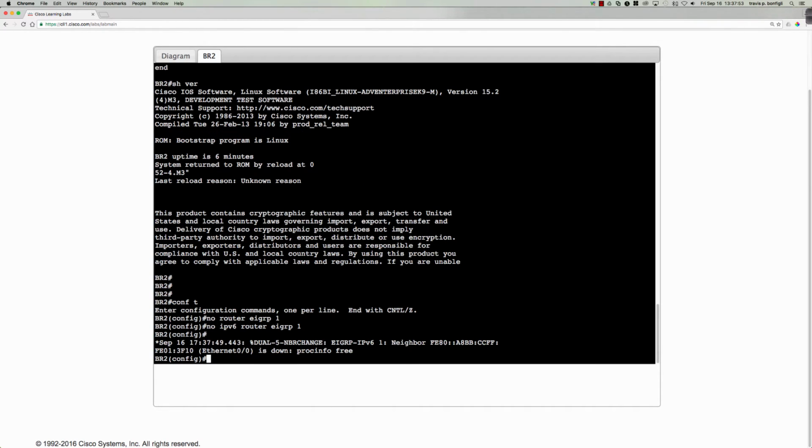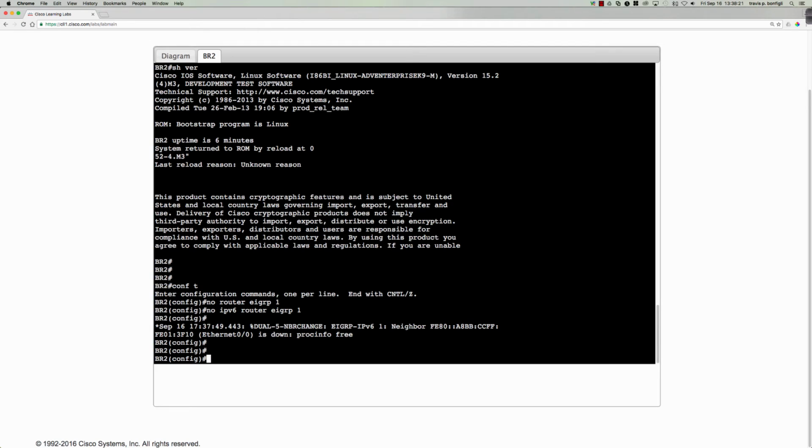This is another indicator that these EIGRP processes are mutually exclusive from each other, that it's v4 over v4 and v6 over v6, is that we're using the same autonomous system number for both v4 and v6. They do not have to be the same. In fact, when we go to recreate this, I'll use a different autonomous system number, because the autonomous system number doesn't go away just because you're using named mode.